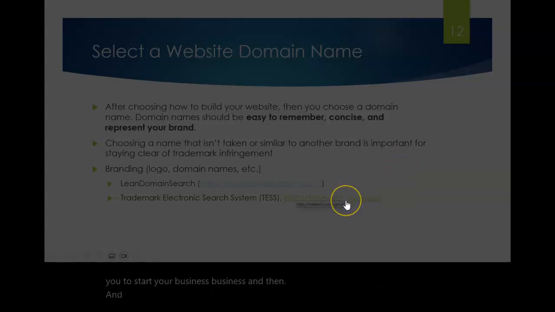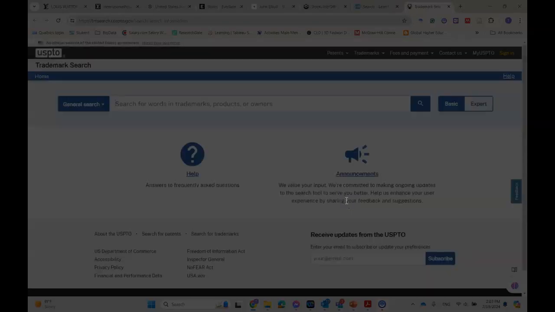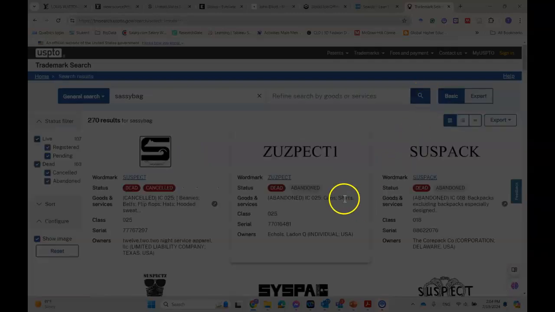The next one I would suggest you check is the USPTO, the U.S. Patent and Trademark search. So let's say I also want to do a Sassy Bag search, and then click on basics, and then it will let us find out if these have been taken.